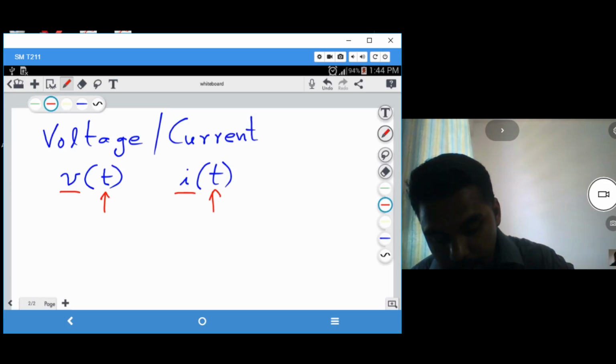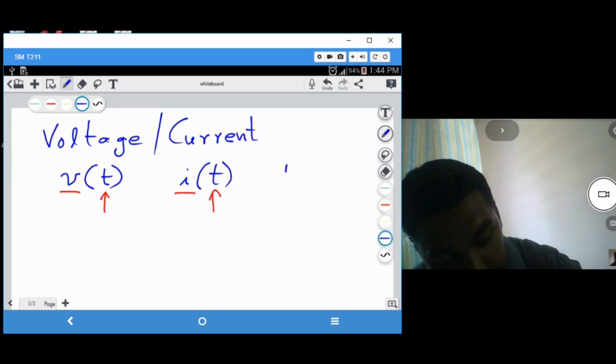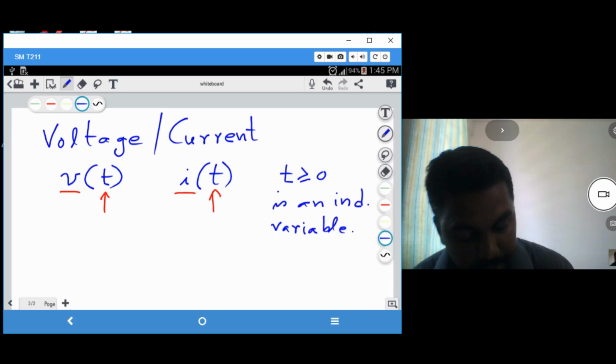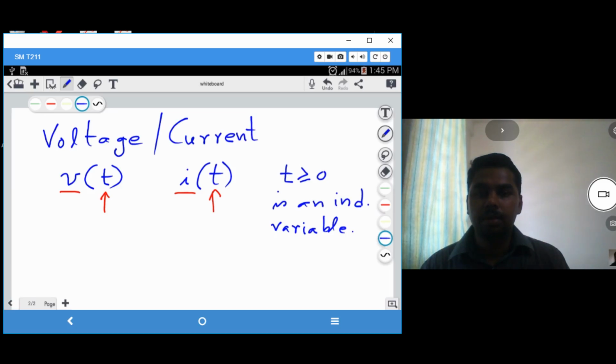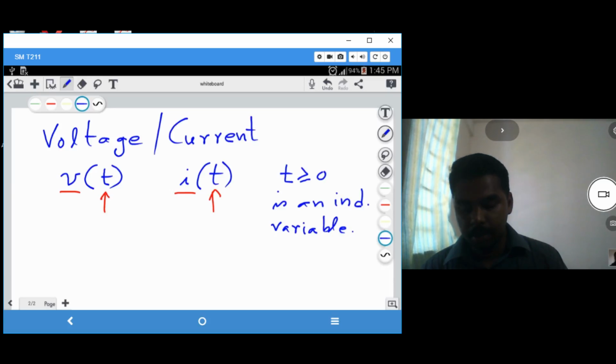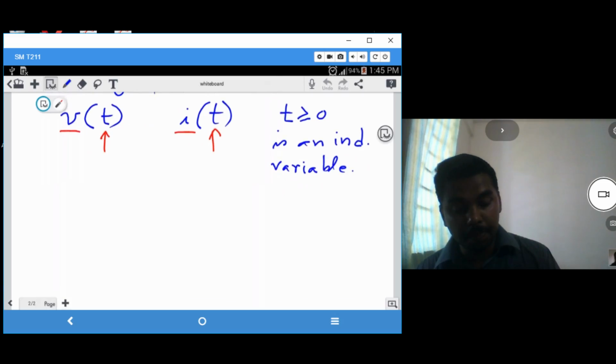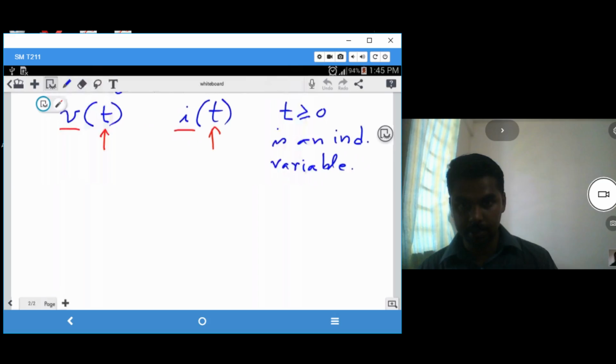So in that case, we call t an independent variable. So I use a shorthand here for independent. Okay. Now, can we have more than one independent variable? That is a question that we can ask.